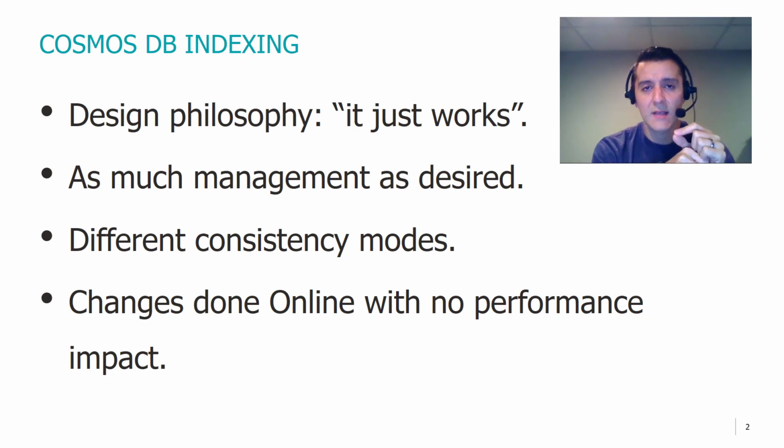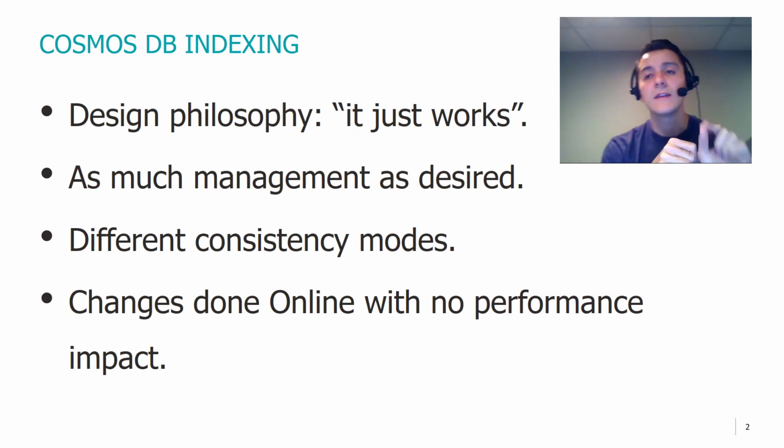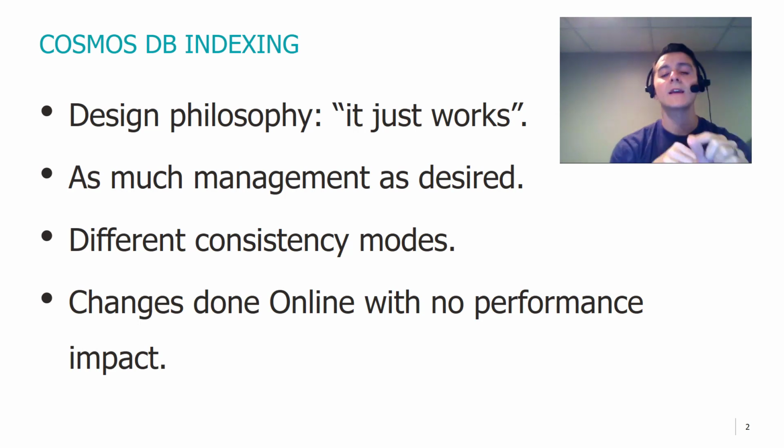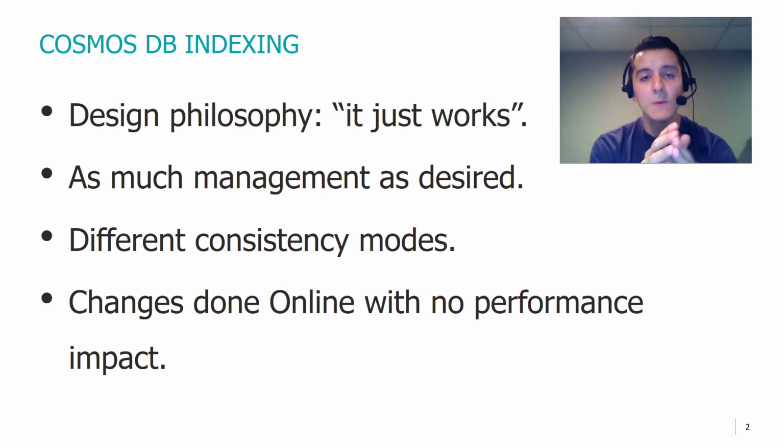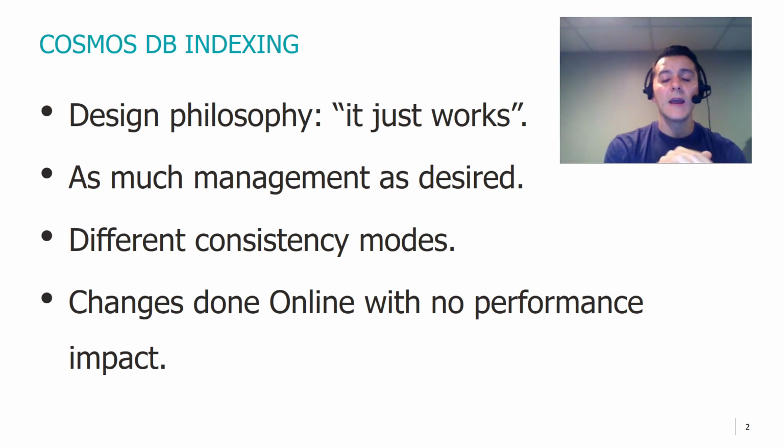Finally, something else that I really like is not only that indexing changes are done online, but they're done with no performance impact. And this is something that DBAs and SQL Server pros are really going to appreciate, because we always know that our indexing routines for maintenance are going to consume a lot of resources. They're going to consume CPU, they're going to consume storage, and so on.